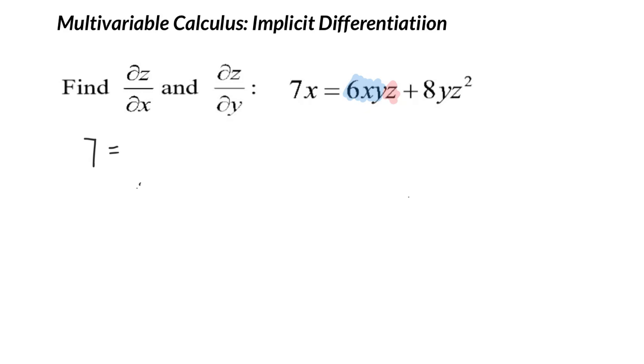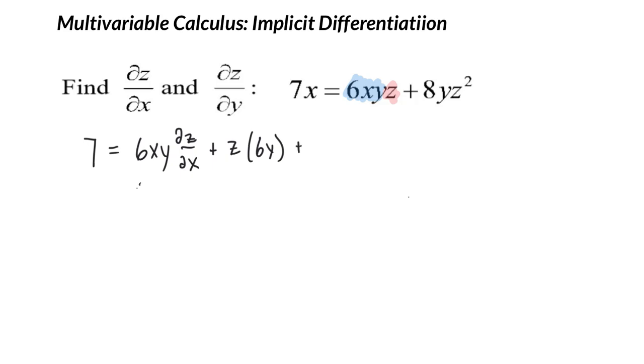So I'm going to say the derivative, or the first is 6xy, and the derivative of z is going to be derivative of z with respect to x, because that's the partial I'm doing. Plus, now I'm going to do z times the derivative of 6xy. And remember, y is a constant, x is the variable, so the derivative is 6y.